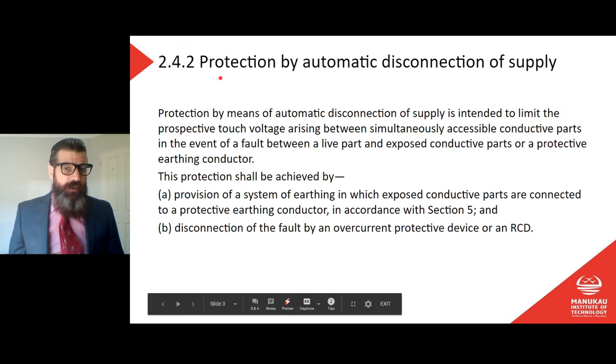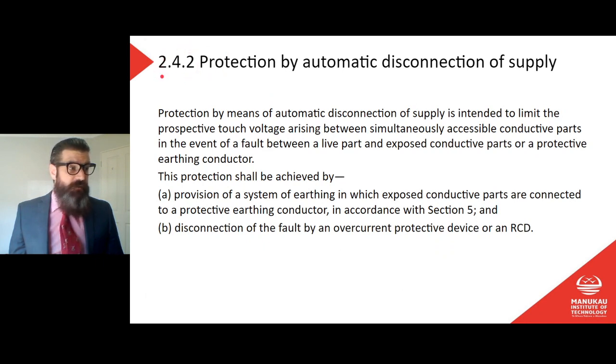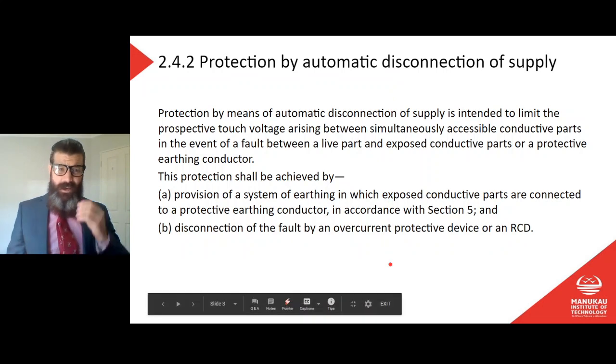All right. So we need to talk about what it says in our standards. So we're referring here to AS/NZS 3000, and specifically to clause 2.4.2, protection by automatic disconnection of supply. What does it say?